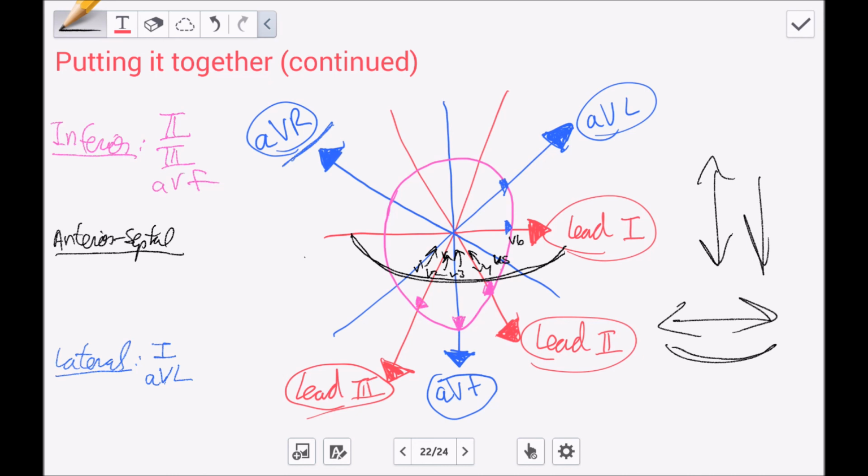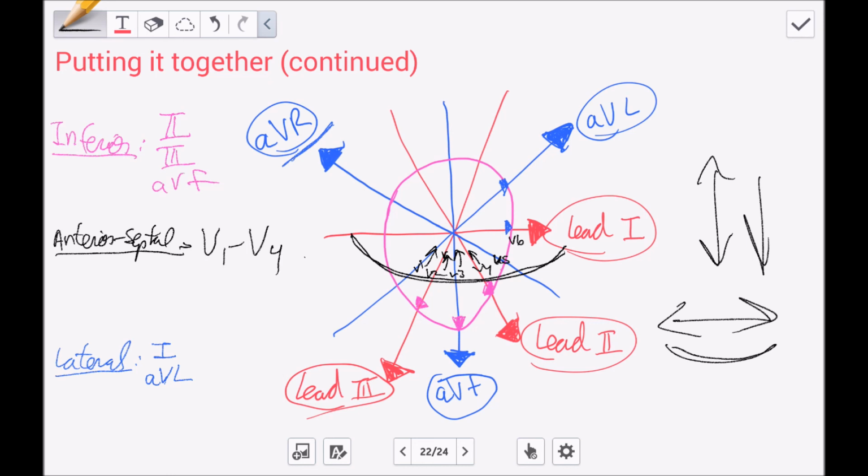We're looking from the front. So that's why V1, 2, 3, and 4, because it's looking at the heart in that plane of view from left to right, is looking at it into the heart. What it means, these ones are your anterior leads, V1 to V4.